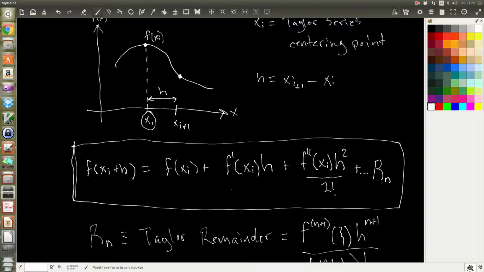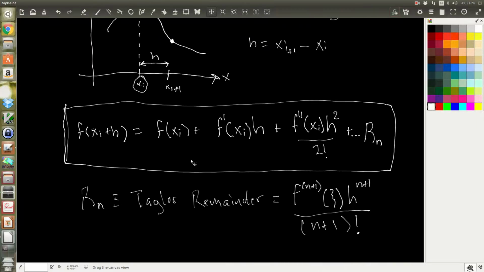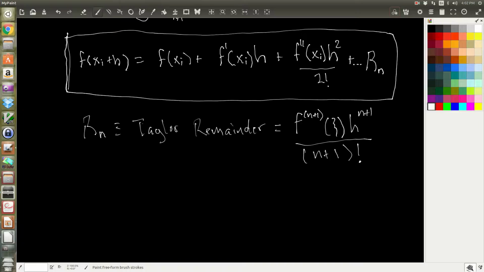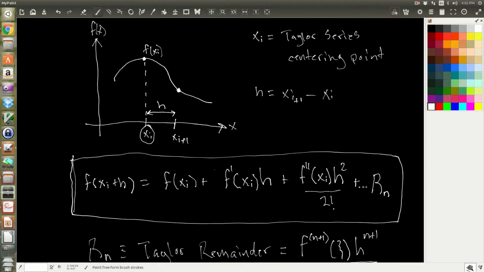So how is this useful to us? Well, actually, before I go into that, I want to explain a little bit more about each one of these terms. So first of all, if we just wanted to approximate our function, let's go back up here. Let's say we didn't know this function, but we wanted to figure out what it was at xi plus 1. So we don't know that it's equal here.